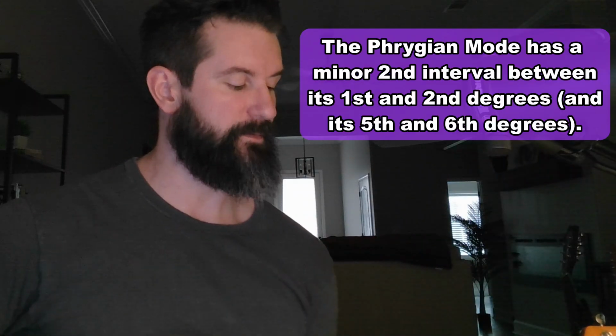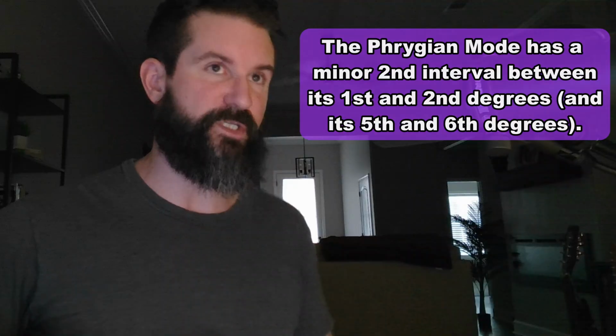So if I mentioned the second degree while we're playing something in Phrygian, you would know that I mean that flat second. But normally when someone says a second, they will mean a major second.